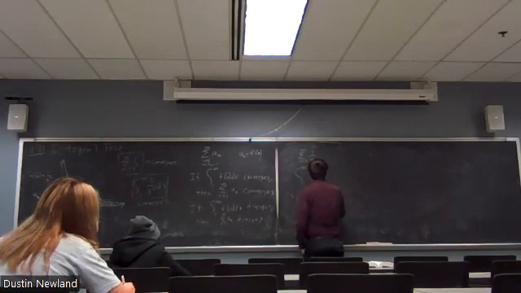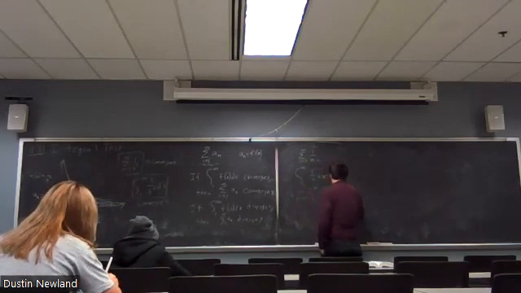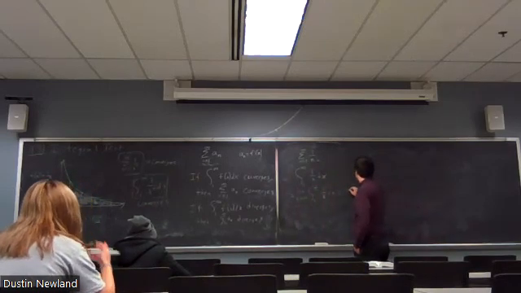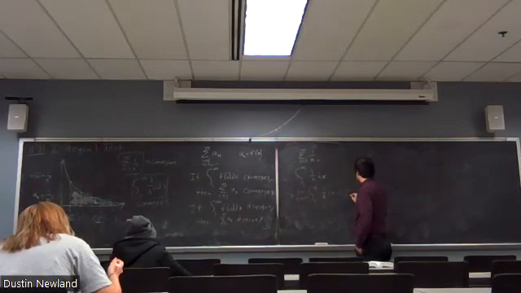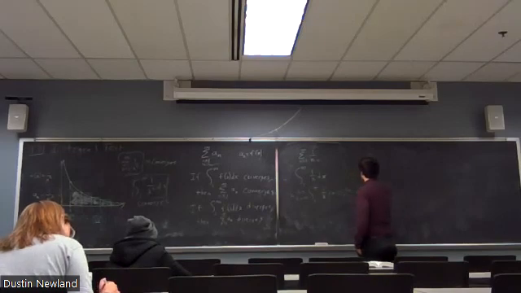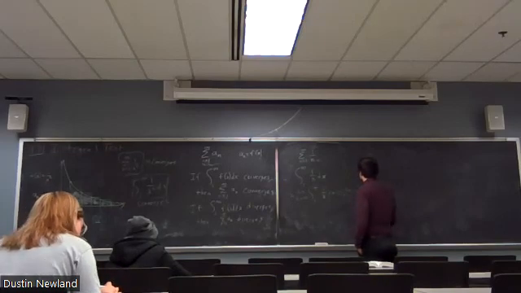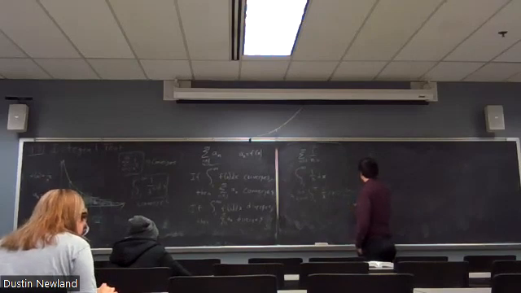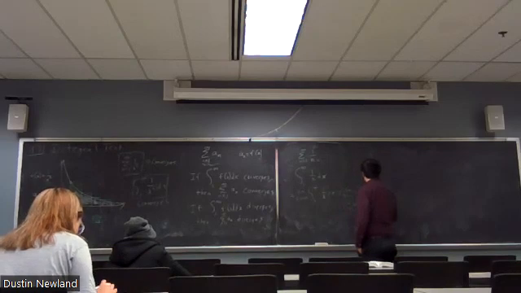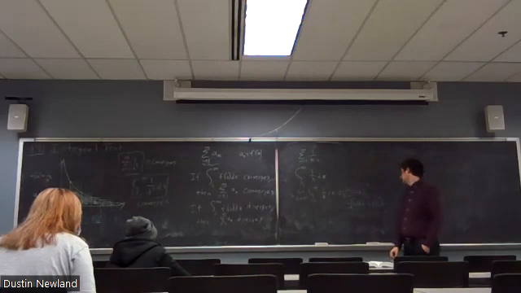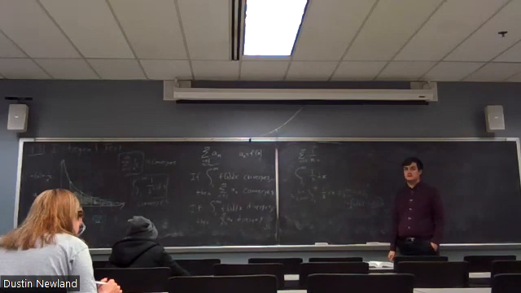Integrate. What's the integral of 1 over x? The natural log. So, limit as t approaches infinity, the natural log of t minus the natural log of 1. But what's the natural log of 1? 0. So we're just left with natural log of t.